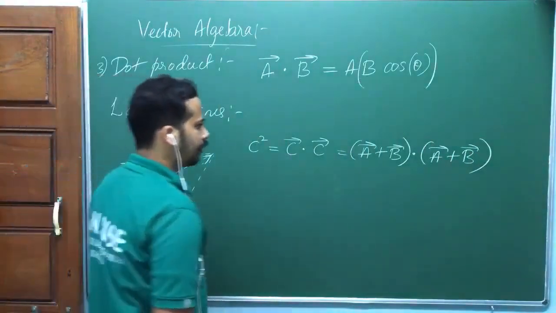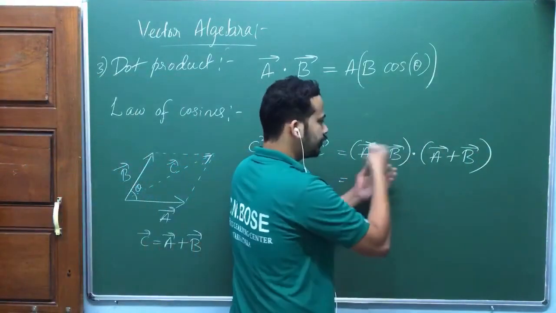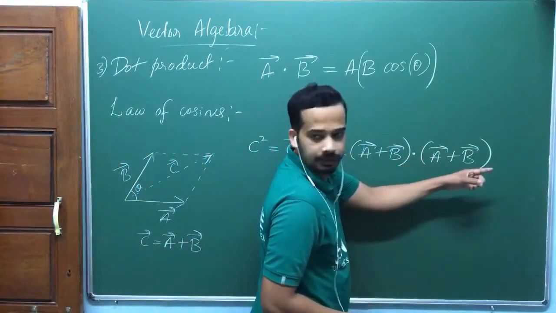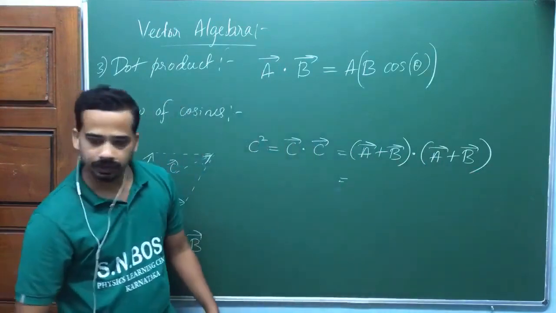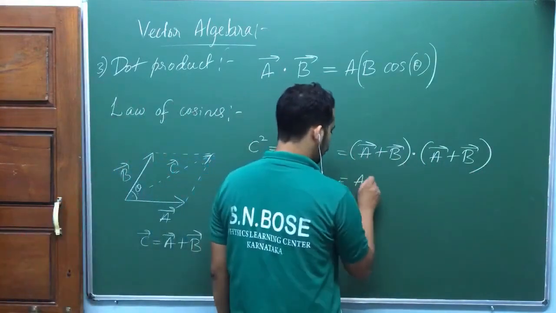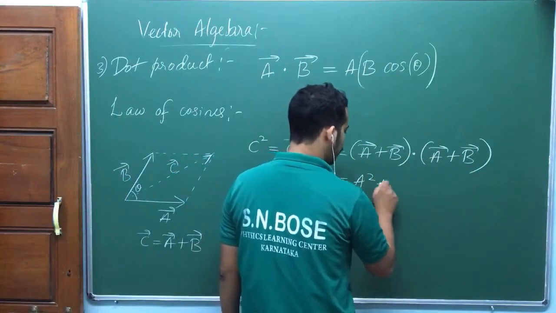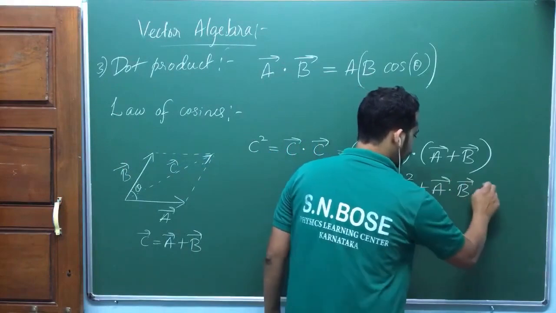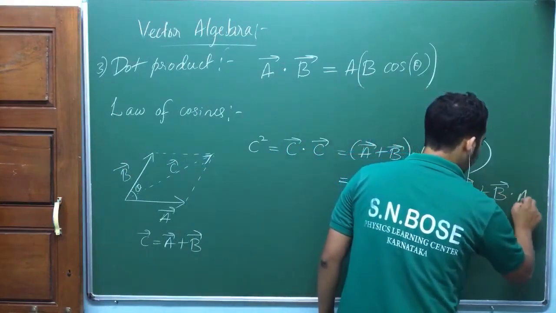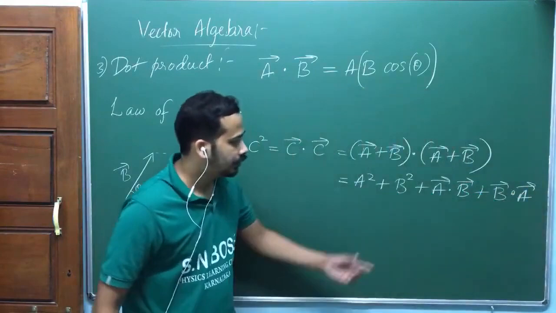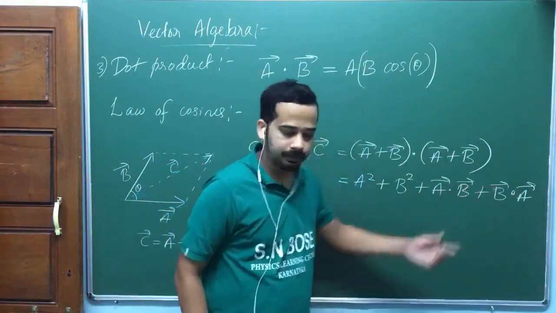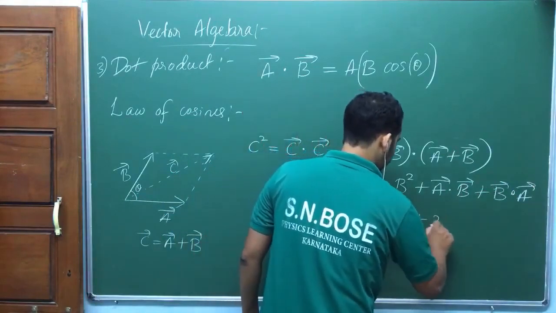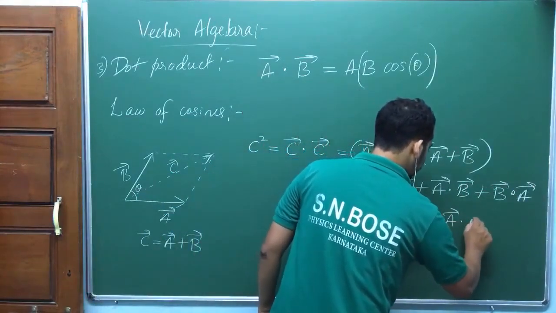Now again, you can just use your distributive property. A plus B dot A plus B: you can write A dot A, which is A square, B dot B, which is B square, plus A dot B plus B dot A. It is commutative, A dot B is the same as B dot A. So can I write A square plus B square plus 2 times A dot B?